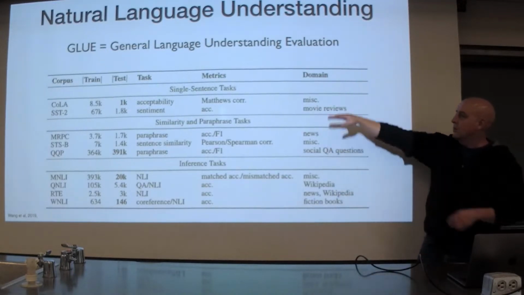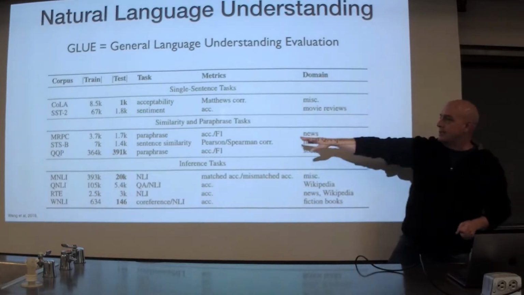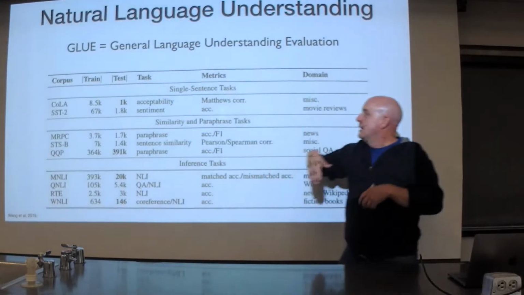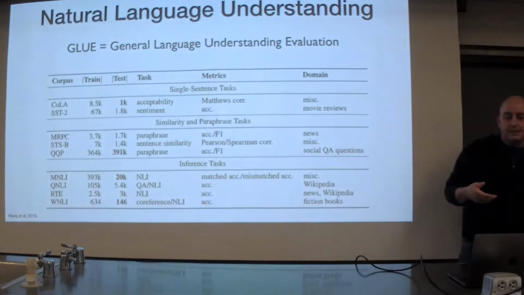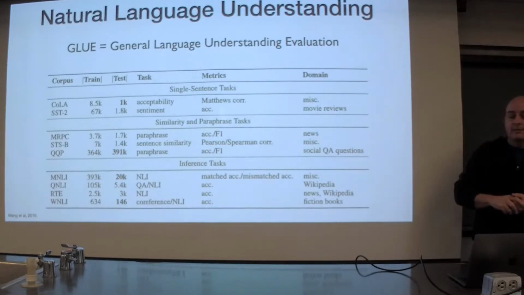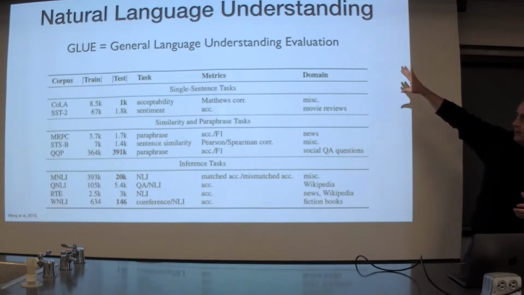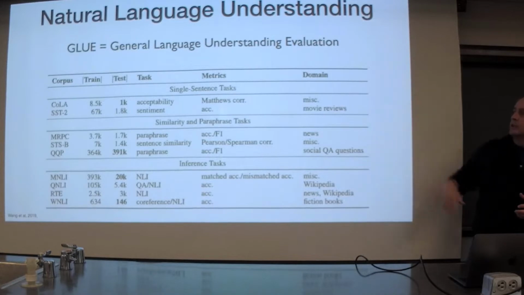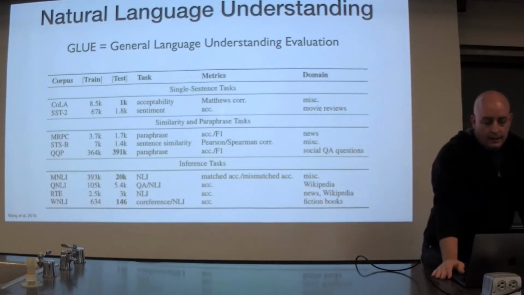So we'll get into more of what these are. It kind of says something about it here, but there's just a whole bunch of different tasks. And when we're now moving into more general language models, we need more general ways of evaluating the performance, and task collections like GLUE are what we're going to use to do these evaluations.